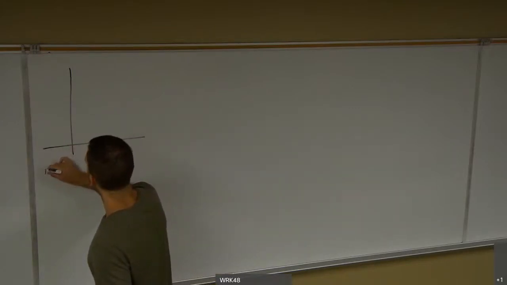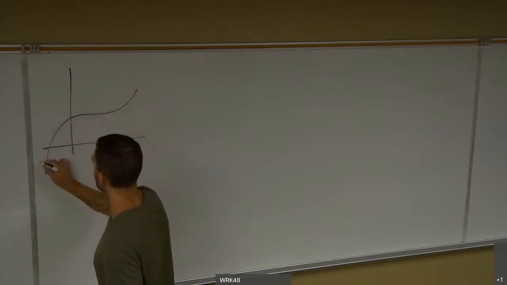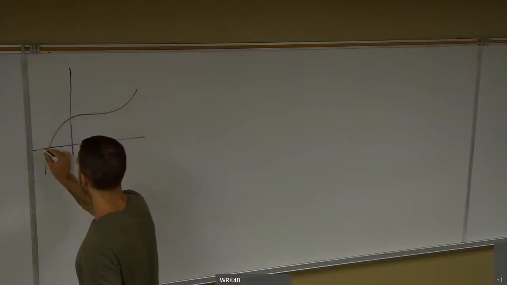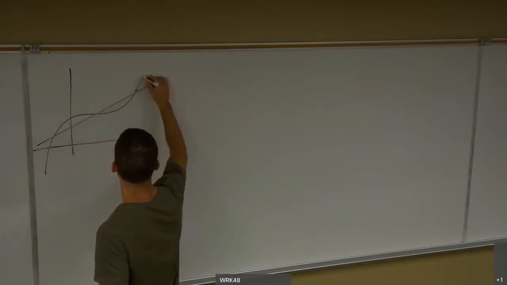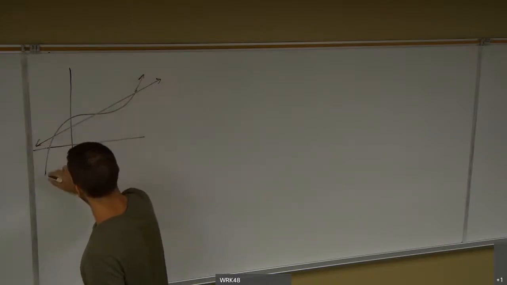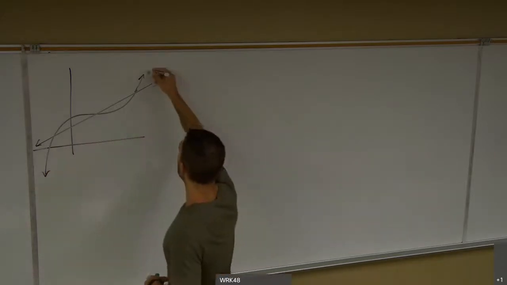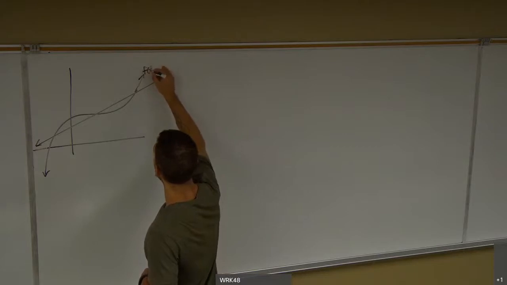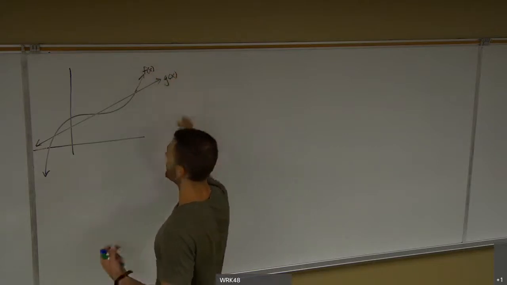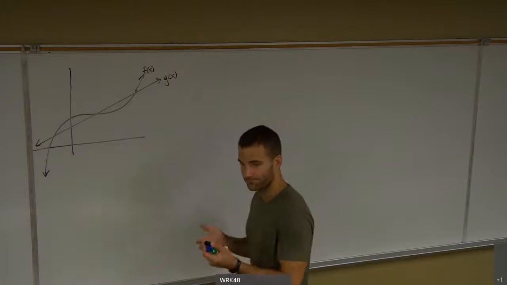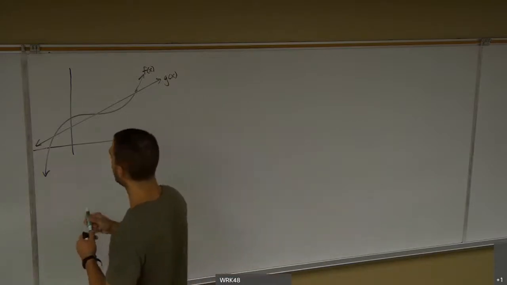Say we have something like this. And we're not going to worry about labeling these curves specifically. I'm just going to call this a general f of x and a general g of x. Yes, one is cubic and one is a line, but it's not important right now.